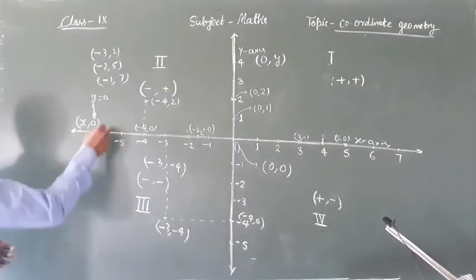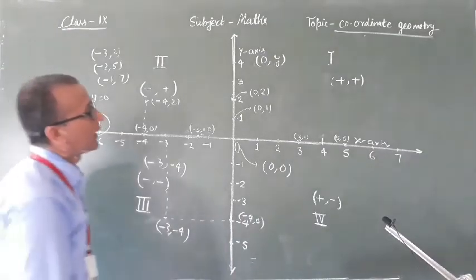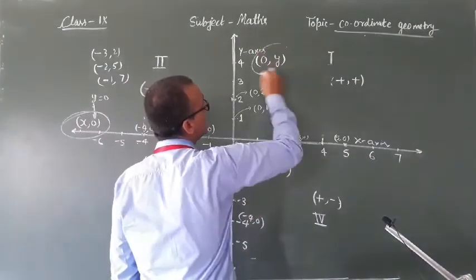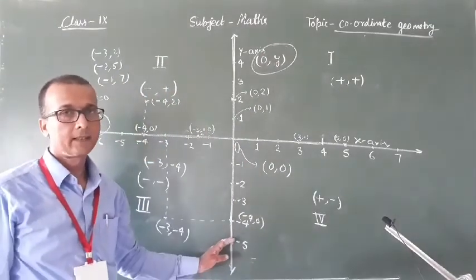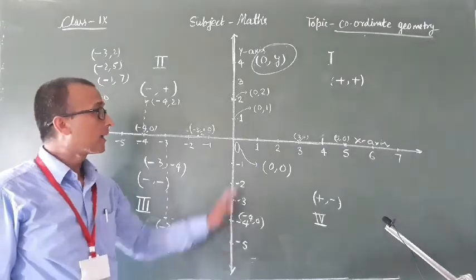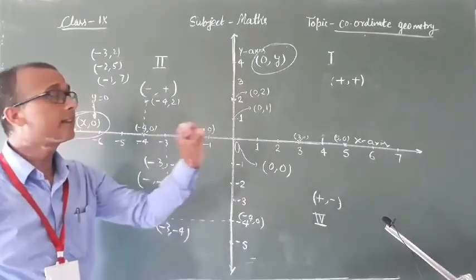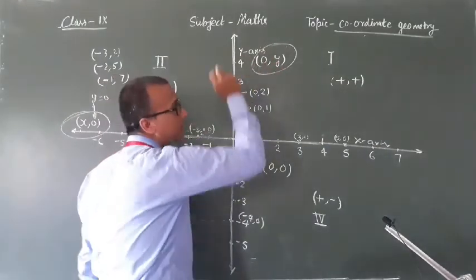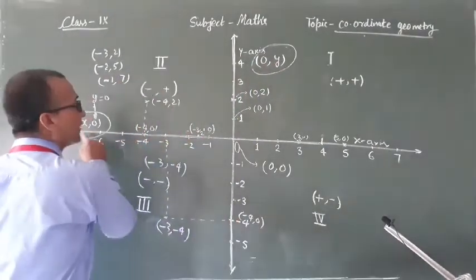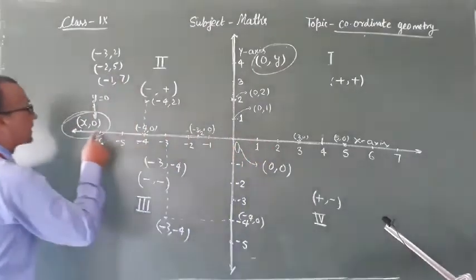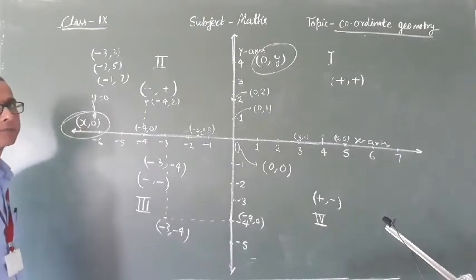As we have discussed, on the x-axis it is (x, 0), and on the y-axis (0, y) will represent the ordinate. All the points of the y-axis or ordinate are in the form (0, y), where y is any real number, and all the points on the x-axis will be in the form (x, 0).